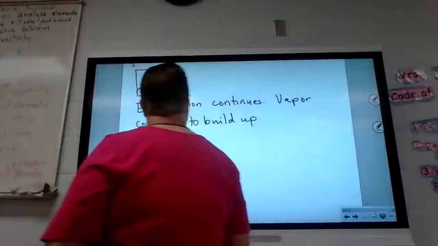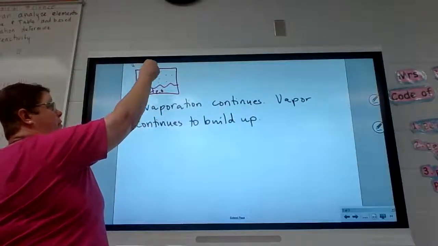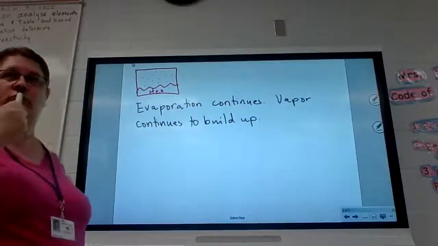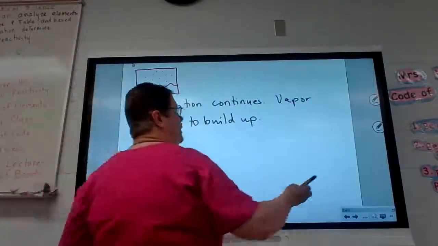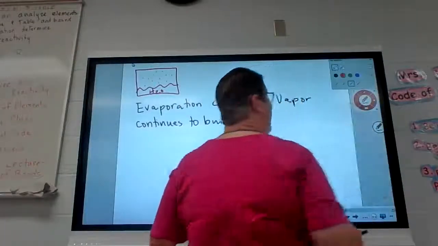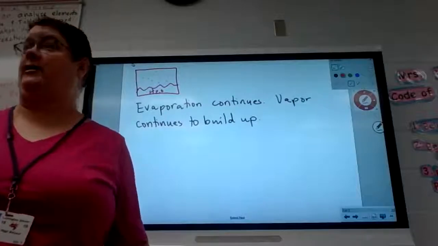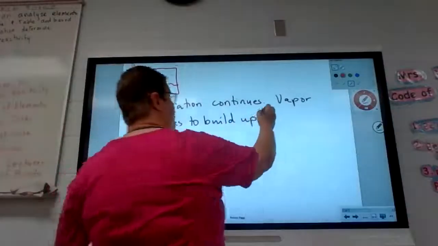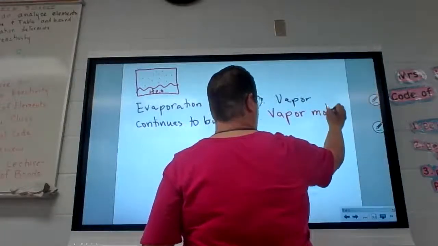So when the vapor builds up, all right, what's going to happen up here if the vapor builds up? It's going to condense. Okay. So what causes the condensation? All right. The vapor molecules. That's right. They have to hit each other.